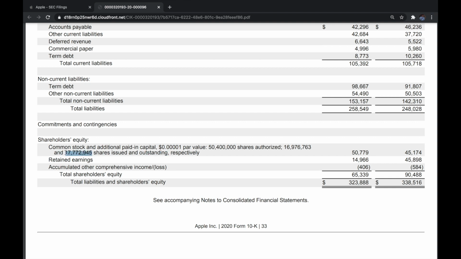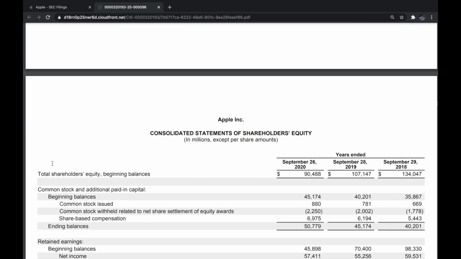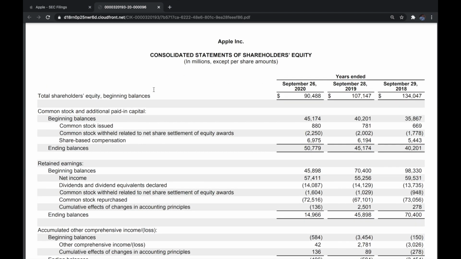And the next thing we've got here is retained earnings. First of all, let's just understand what retained earnings are in general. As you already know, we've got the profit and loss statement and the balance sheet. The balance sheet is the one we are looking at right now, and the other statement is the profit and loss statement. In the profit and loss statement, the way it works, we have revenue, expenses, and after that we have a profit or net income.